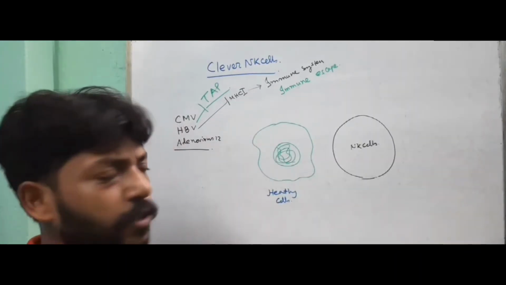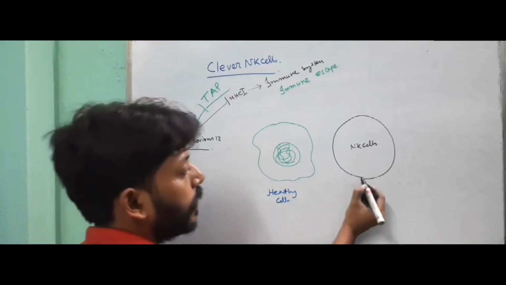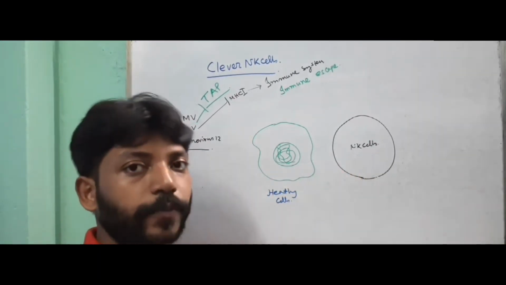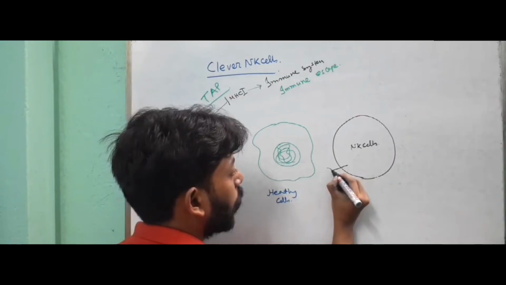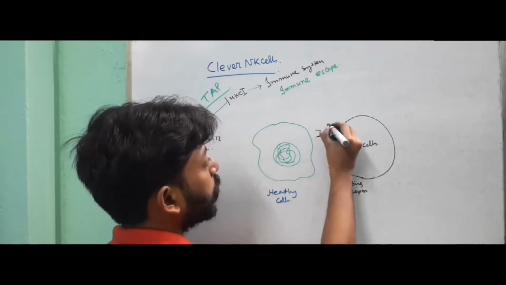If this is not a virally infected cell, if this is a normal or healthy cell, and the NK cell comes close to the healthy cell, the NK cell expresses two types of receptor. One is called the activating receptor and another is called the inhibitory receptor.